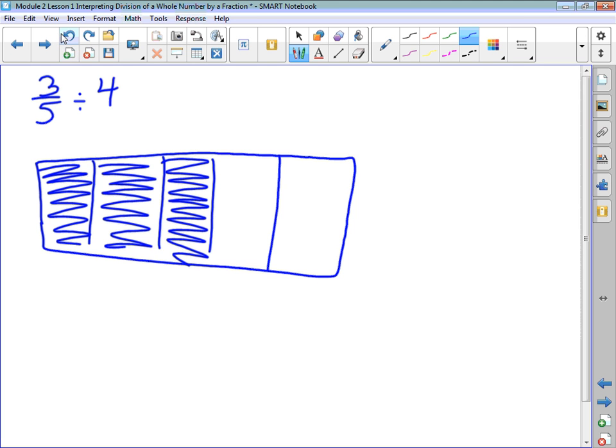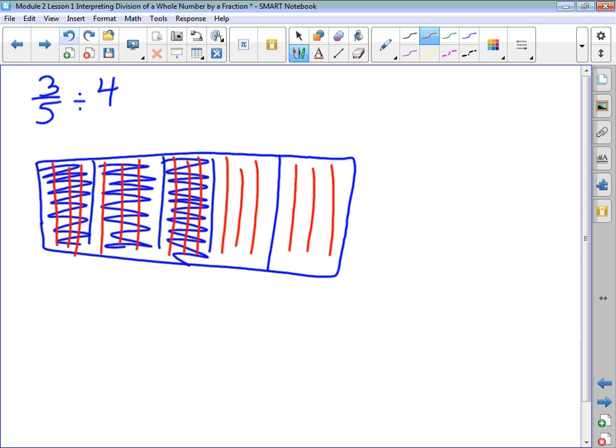Okay, so far so good? Each one we're going to divide by 4. So there's 2 different ways we could do this. Don't do anything yet. We could go 1, 2, 3, 1, 2, 3, 1, 2, 3, 1, 2, 3. So now that is 1/4.